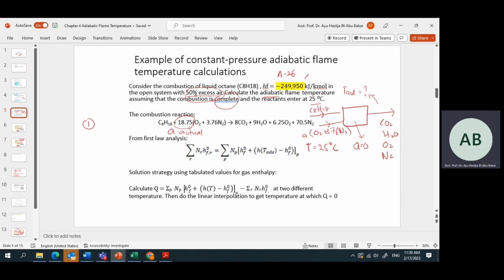Excess air is 50%, so theoretical air is 1.5 multiplied by A stoich. A stoich is the one you calculate from the formula, X plus Y over 4. So this 18.75 is the A actual. Do the balance, you will get this figure, the moles of gases produced.